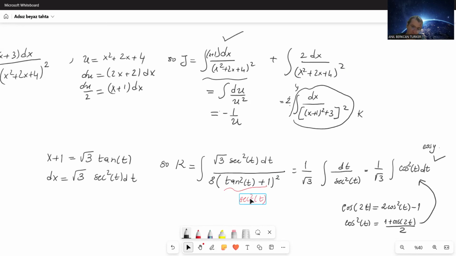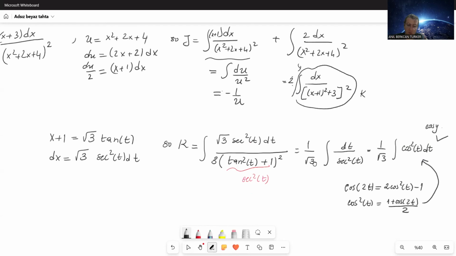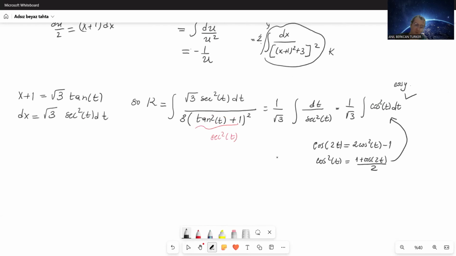Now we are taking the third power of secant square, so at the end I will end up with cosine 4t dt. So it's like for every k, is the integral of cosine 2k t dt solvable in closed form? And I think it is yes, right?